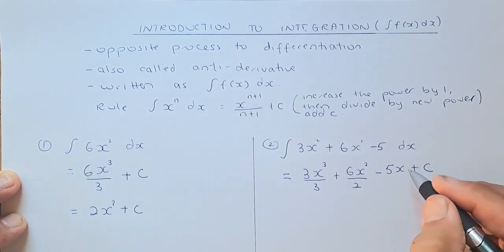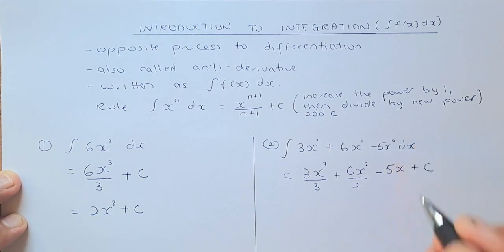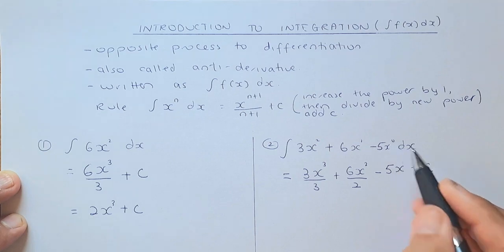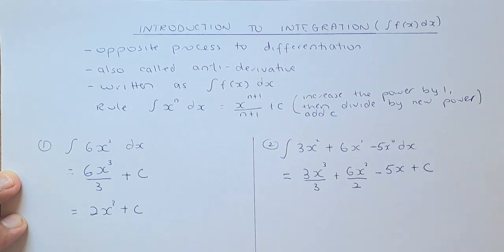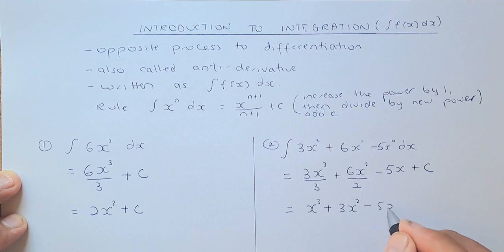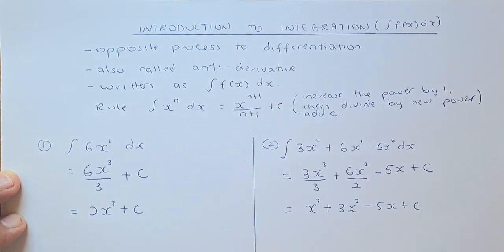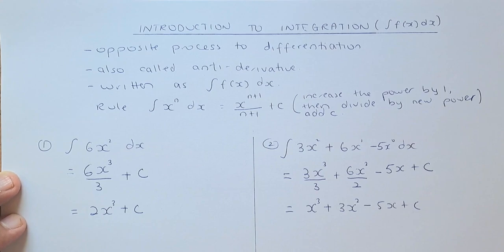Okay, why is it 5x? Because x to the power 0, so it's just going to be x, the 0 becomes a 1, and then divide by 1, you get 5x. So you simplify the equation, it's going to be x cubed plus 3x squared minus 5x plus c. So that is how you integrate an expression.